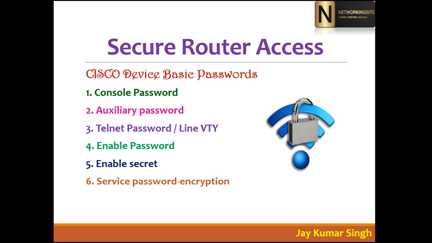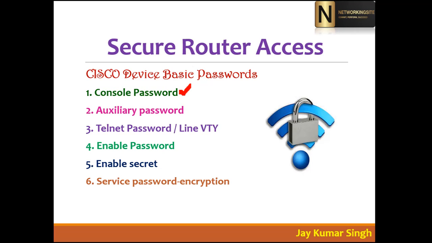As we came to know in our previous class, whenever you want to access your router, we have to access it through the console, okay, console mode, or you can say console line. And we have an auxiliary line also, which is used for remote connections.